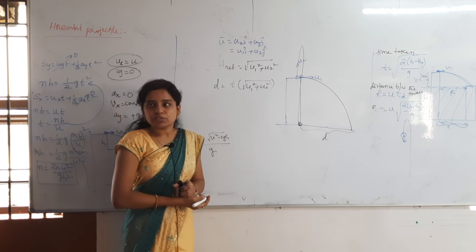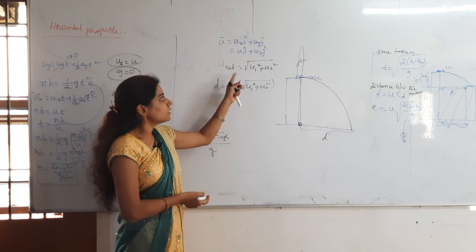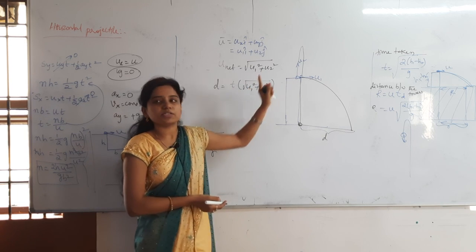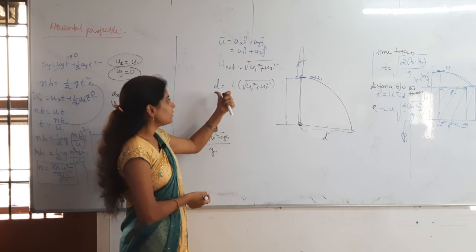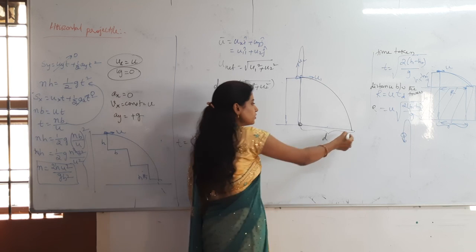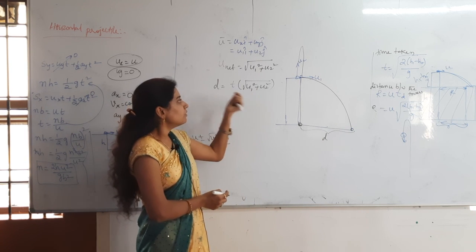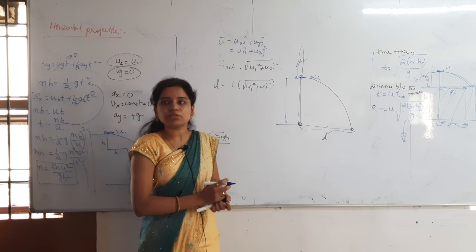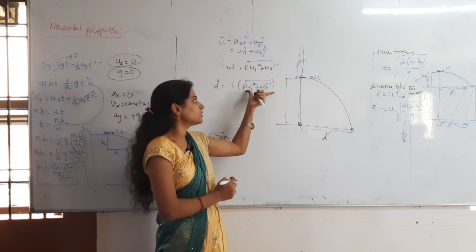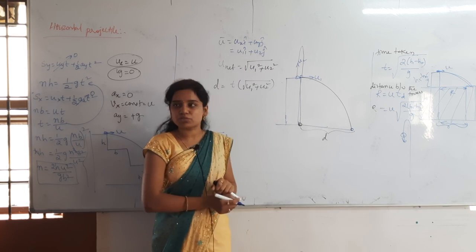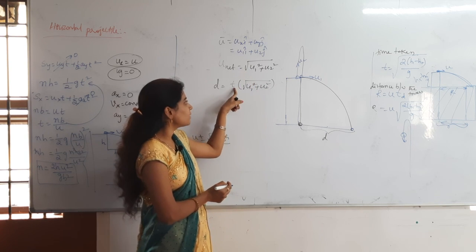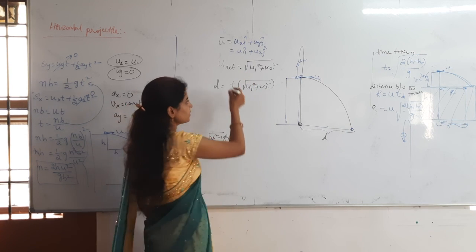They are perpendicular to each other obviously. So net velocity is under root u1 square plus u2 square. Then the distance between the stones after reaching the ground, what is the distance formula? Velocity into time only. Net velocity is under root u1 square plus u2 square, time is the same, t. So that is the answer. That's it.